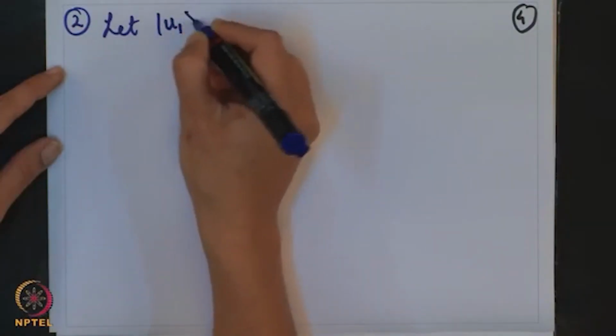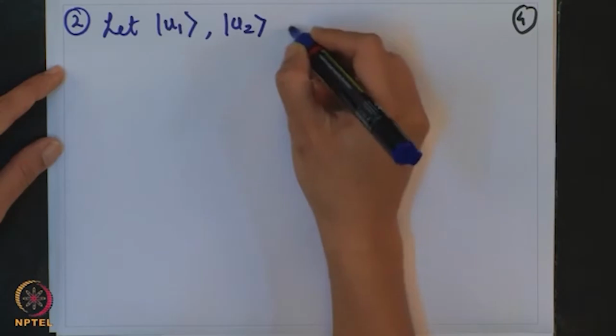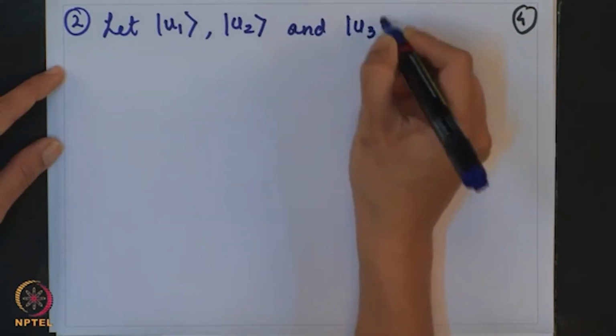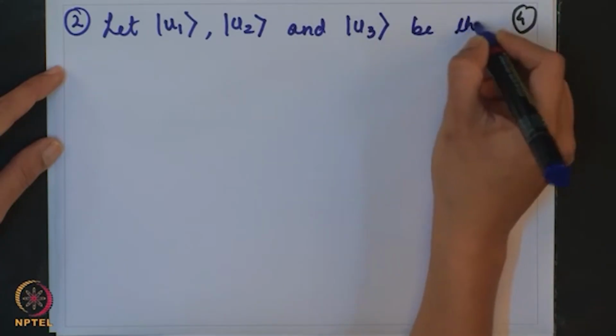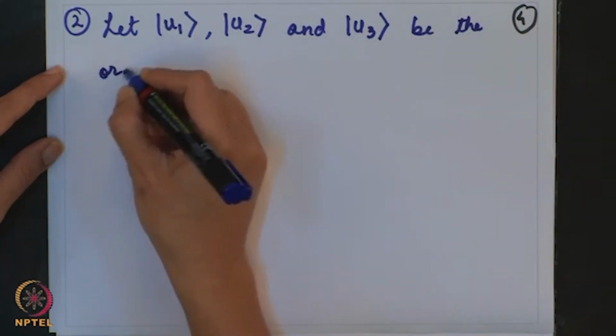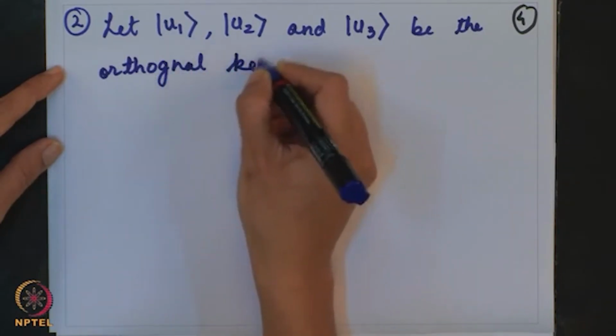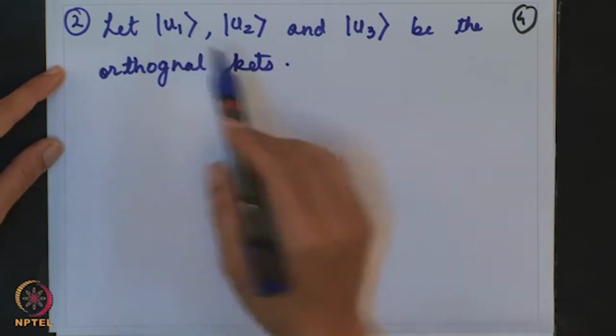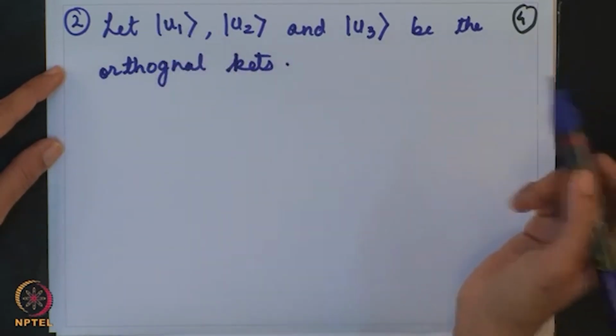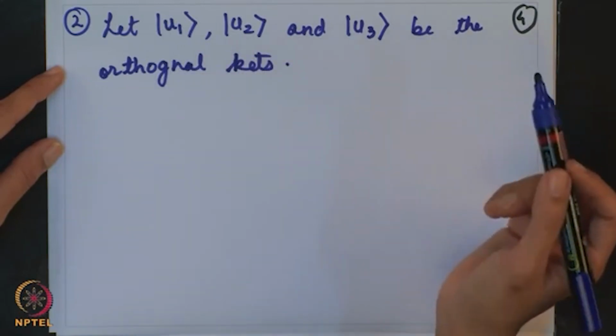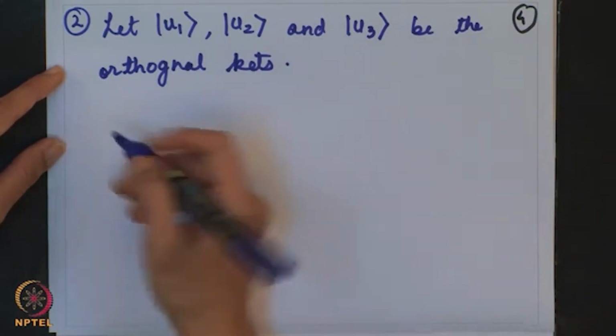So, now to start with, this is problem number 2. Let U1 ket, U2 ket and U3 ket be the orthogonal kets. We have to obtain U1 in terms of these kets E1, E2, E3, U2 in terms of these kets E1, E2, E3, and similarly for U3.